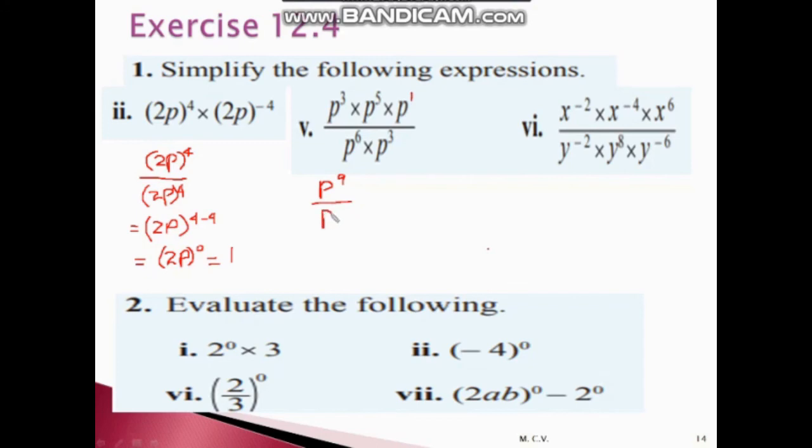When powers are divided with the same base, subtract the indices. 9 minus 9. That gives p to the power 9 minus 9, which is 0. 0 index gives answer 1.